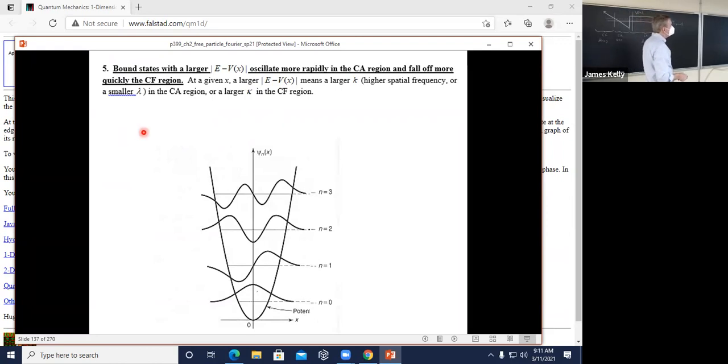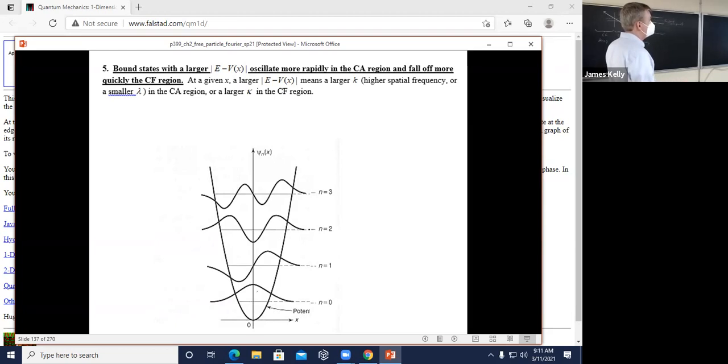Now, how does E minus V, the magnitude of the difference between the energy of the state I'm drawing and the potential, affect the behavior of the oscillation if you're in the classically allowed region? Well, as we know, when the difference between the energy and the potential energy is larger, it oscillates more quickly, right? You can just look at the differential equation there.